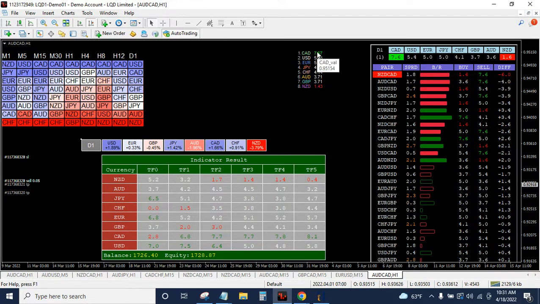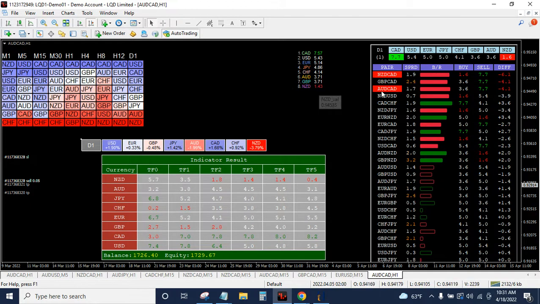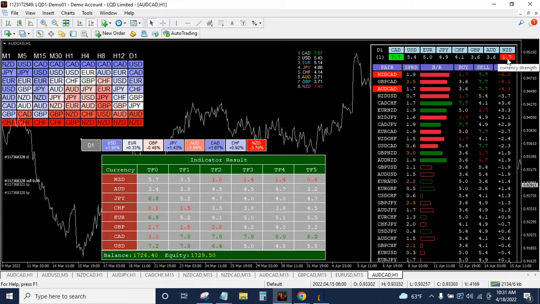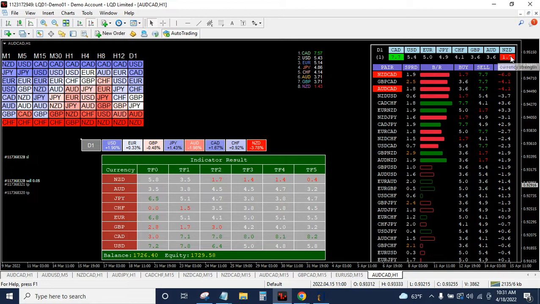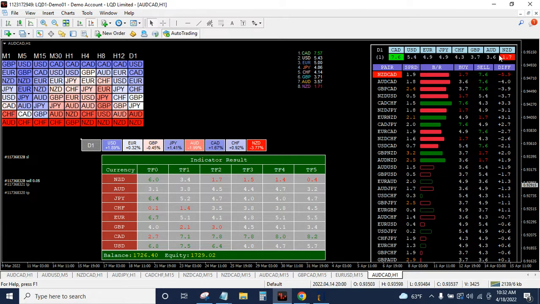It's going to be very specific about what it buys and sells against. The same goes for New Zealand. If New Zealand is the weakest, it's going to be sold against some currencies that meet certain criteria.